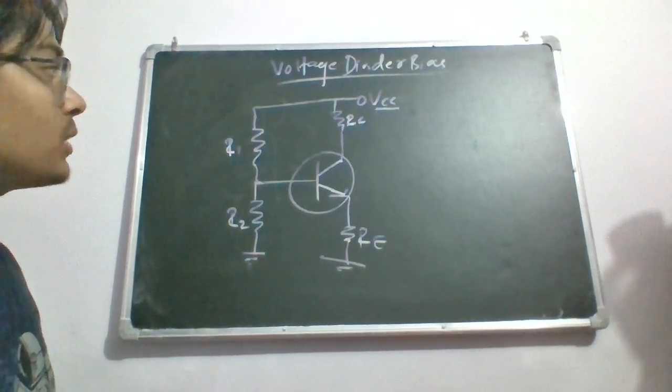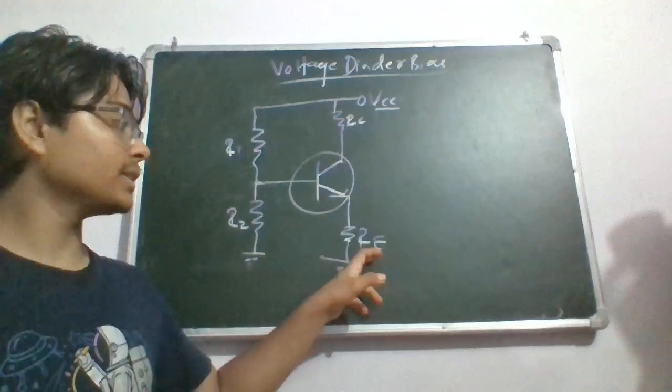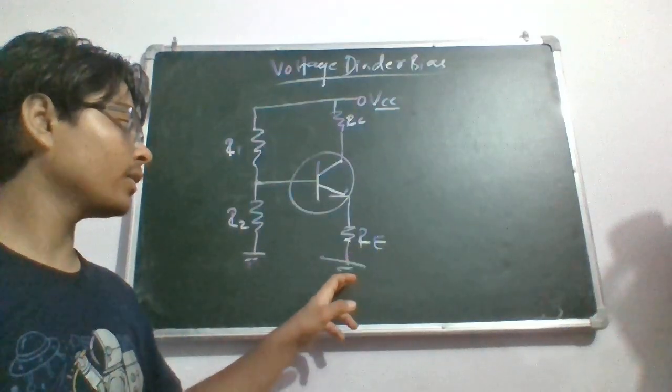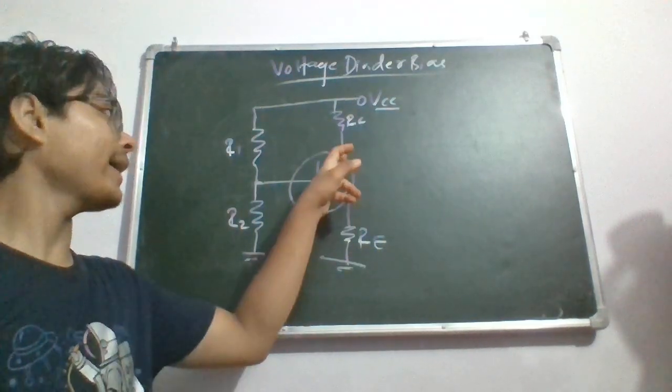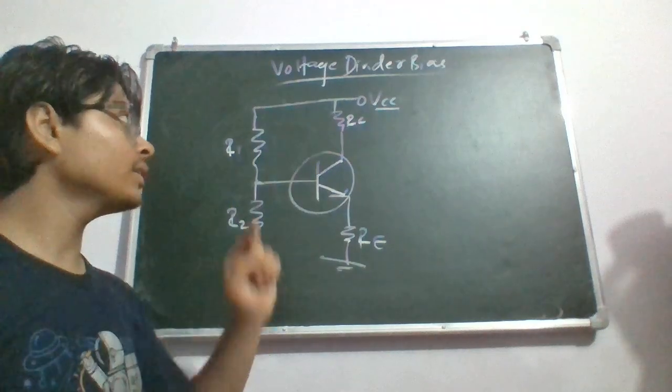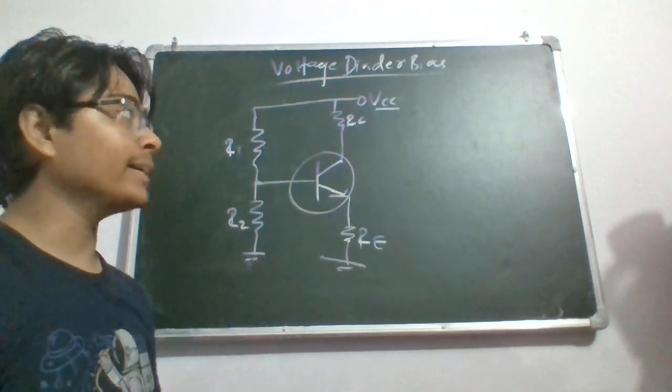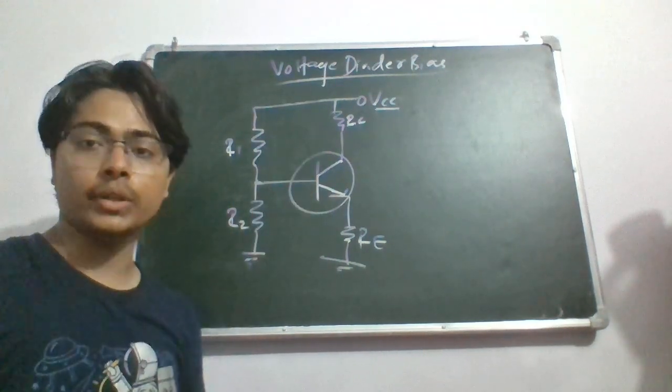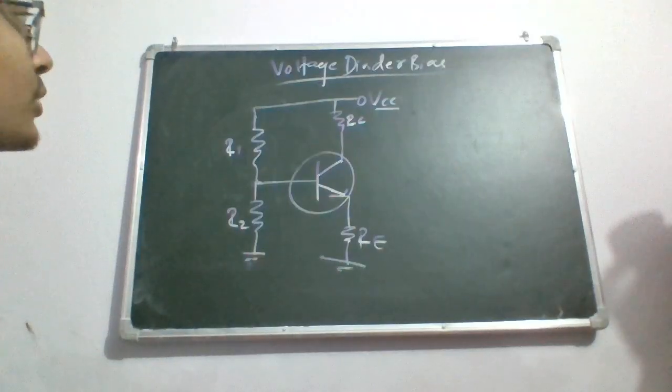This is an emitter resistance which is connected to the ground, and this is a collector resistance which is directly connected to the voltage source.